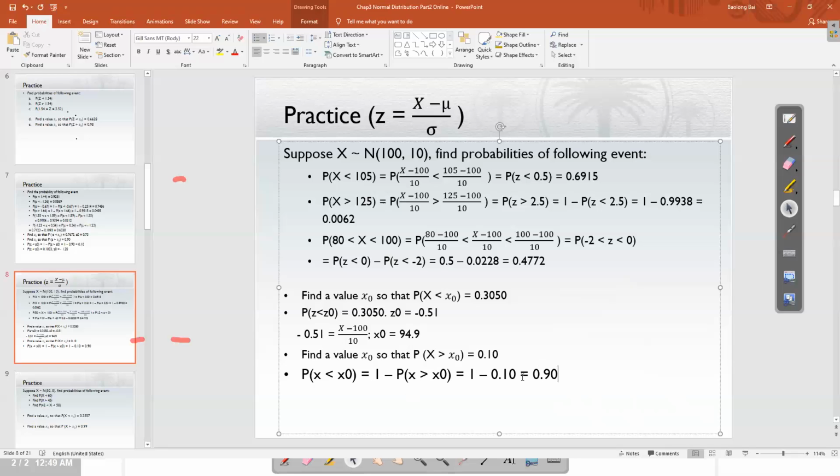So then the question becomes something we just did, right? You see now it has exactly the same format, except you have a different probability value. Then we're going to follow the process. Then we need to find the corresponding z0. So we need to go to the z table.